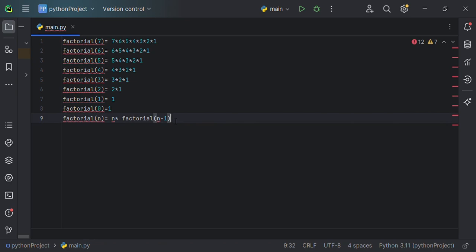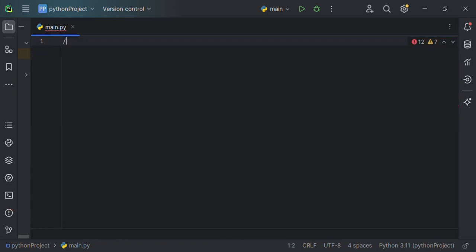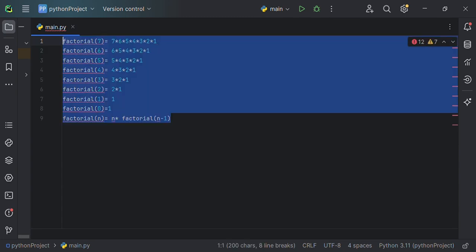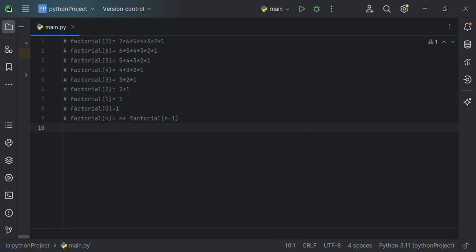So let's write it in the form of a Python program to understand this better. Let's write an example. I say define factorial of n.